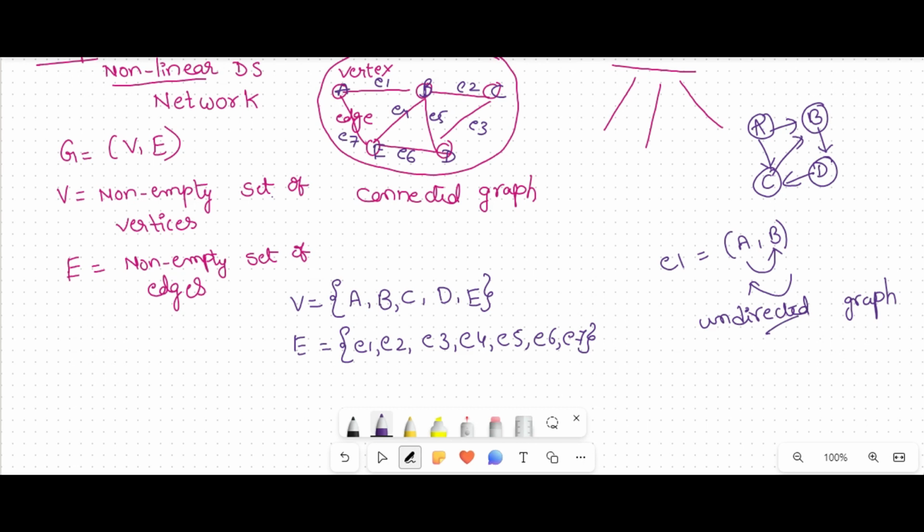Here it is an undirected graph. Suppose E2 is between B and C. That means B to C is bidirectional. Whenever we do not mention any direction on the edges, it is bidirectional. So that is directed graph and undirected graph.